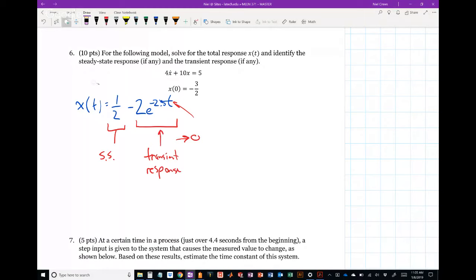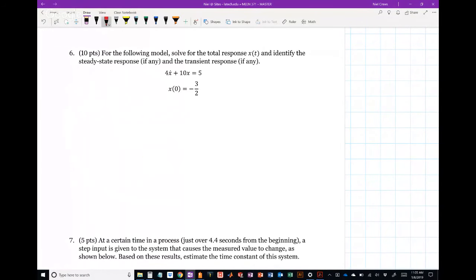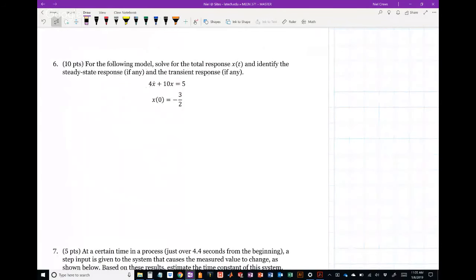All right. Let me show you the other solution that you can follow to get to this answer. And this is to, like I said, do it in 2 parts. Now, when we look at this, this is neither a 0 initial condition nor a 0 force or 0 input.